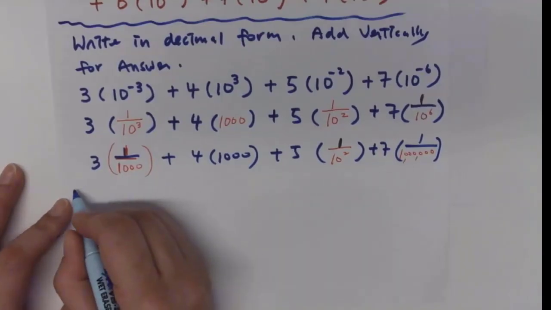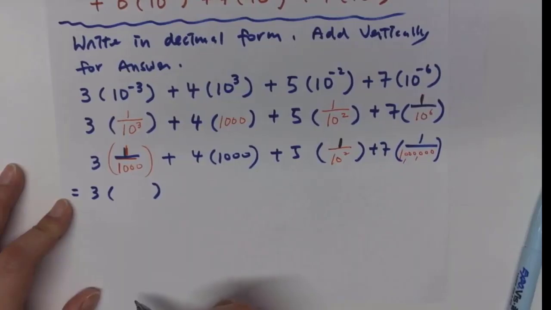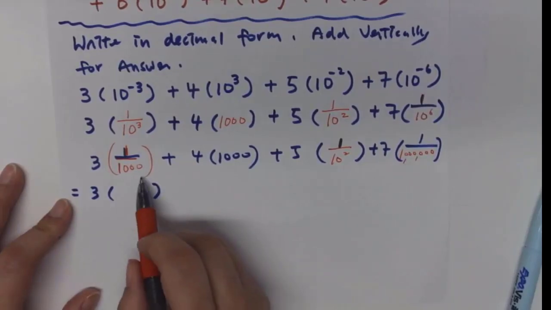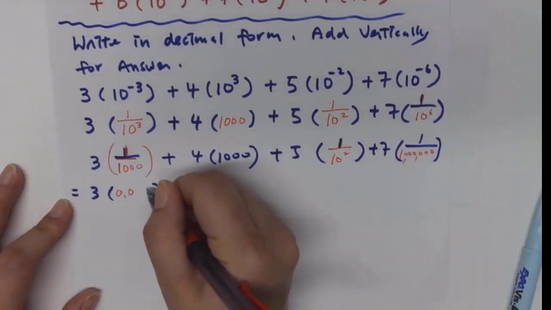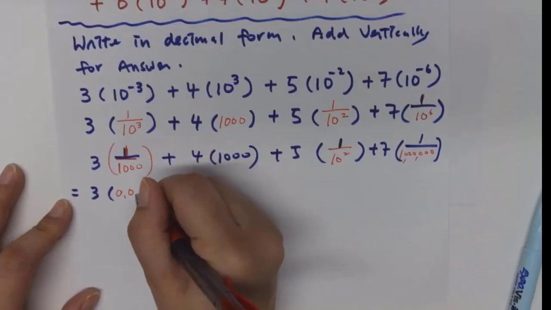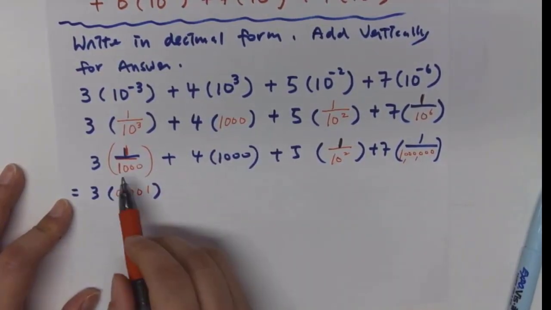Which means the first one has how many decimal places? This is thousandths. How many decimal places do we have? Is it point 0, 0, 1? Do we agree? So the easiest way to think is you have 3 zeros, right?